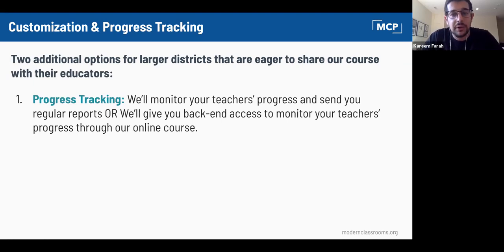That unique link is going to take them to the same free course, but it allows us to track who is joining the free course from your school or district community. Or you can just say, hey, teachers, please use your school email, in which case you can email us and say, hey, can you let me know how many educators with the following domain have gone through the free course? And we can support you through that process very easily. So that's one way we can support you with progress tracking.